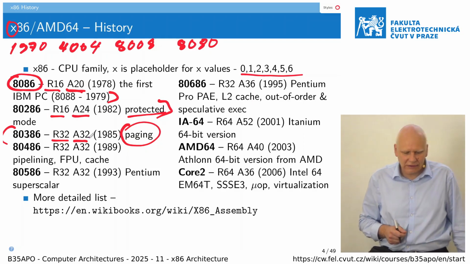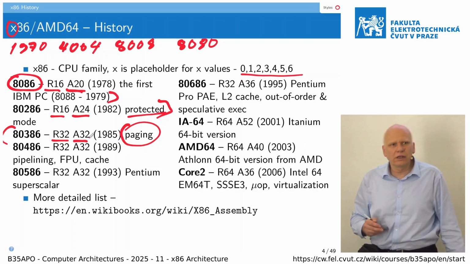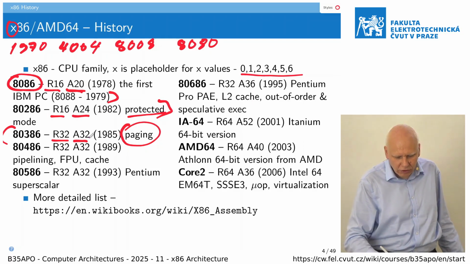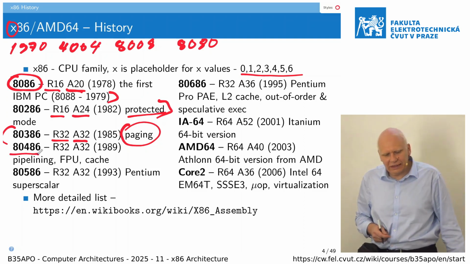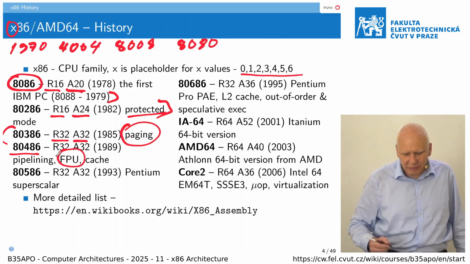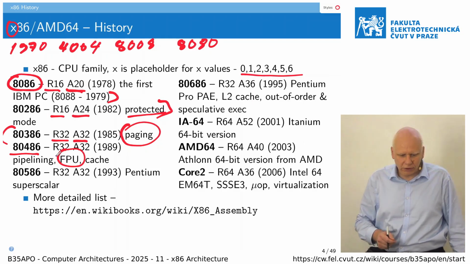And at that time, if you wanted to work with floating point, you had to add an additional chip, the so-called coprocessor. But on the 486, the floating point unit was added to the main processor chip.